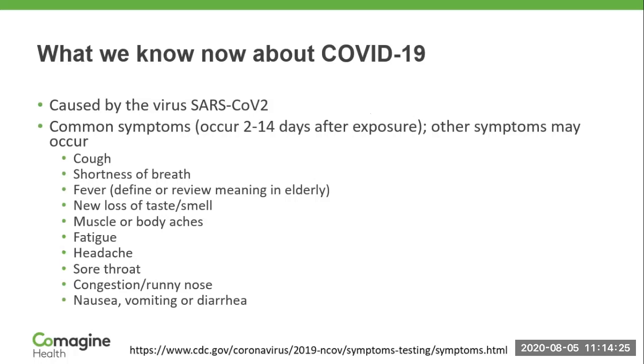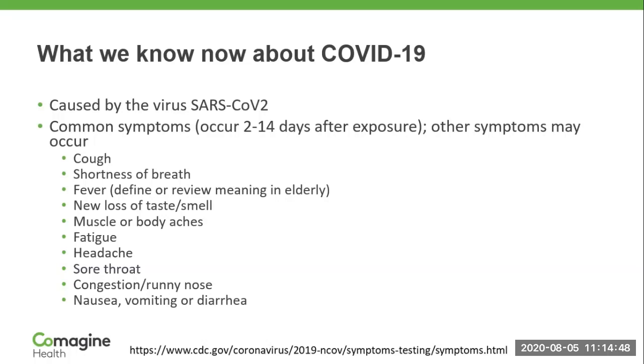So what do we know about COVID-19? We know it's caused by a virus we've identified, and thankfully we've done that and have a test, because things would be much worse if that had not already happened. But as time goes on, the common symptoms shift, and they understand more about what the symptoms are.